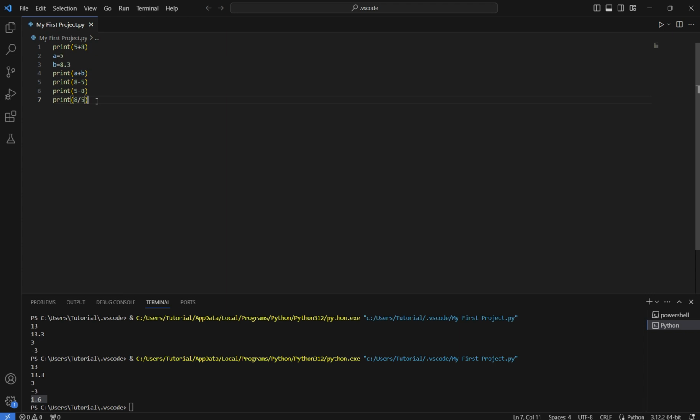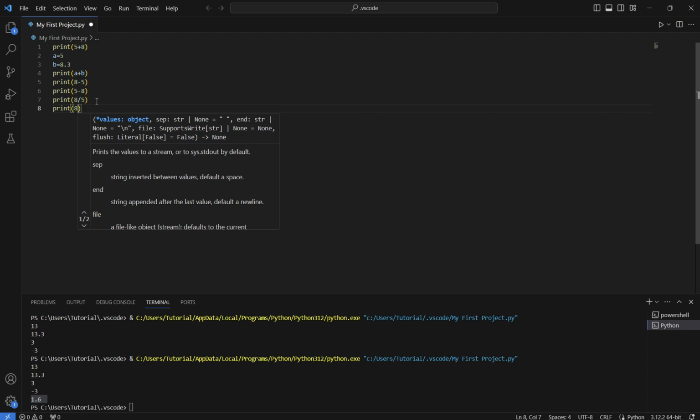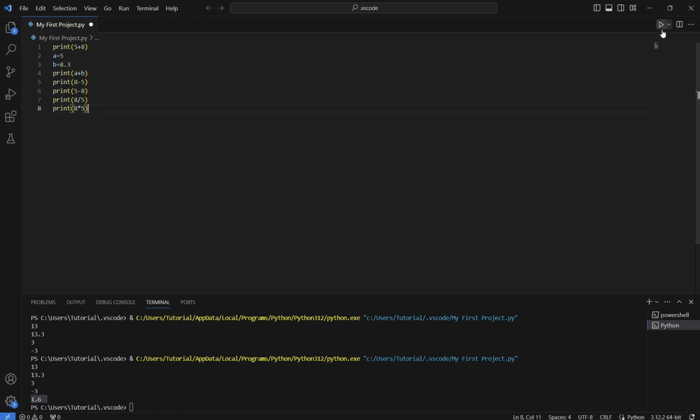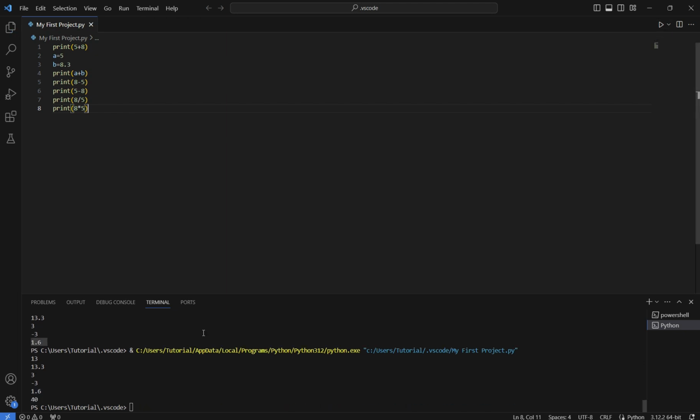The next operator is the asterisk. The asterisk means multiplication. So, when we write print in parentheses 8 asterisk 5 and run the code, it will output 40.